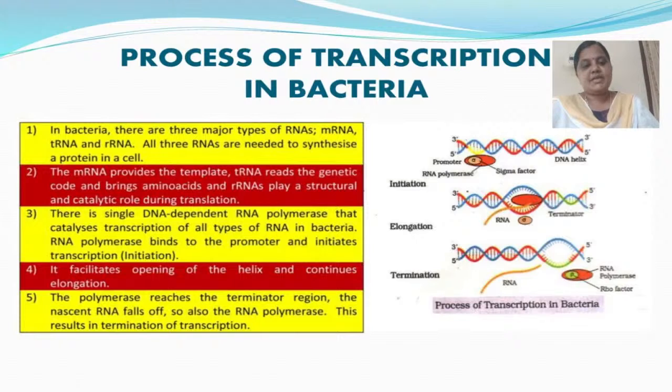After initiation, it facilitates opening of the helix and continues elongation. After that, the RNA remains bound to the enzyme, and once the polymerase reaches the terminator region, the nascent RNA falls off, resulting in the termination of transcription. This is the process of transcription in bacteria.